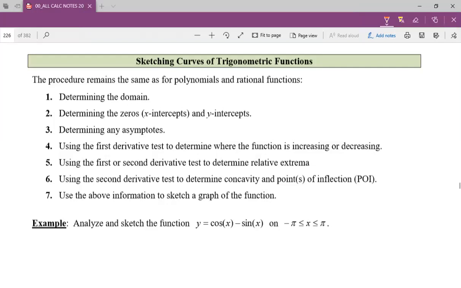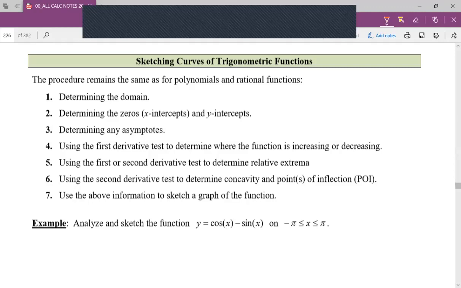They're just going to perhaps look a little bit different than they were when it was polynomial or rational or whatever else that we were looking at before. Okay, so these procedures are the same as before. Determine your domain, determine your x-intercepts and your y-intercepts.